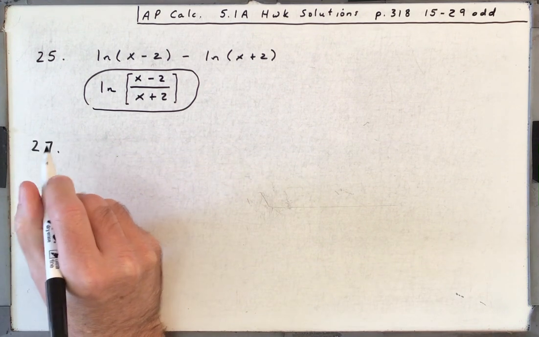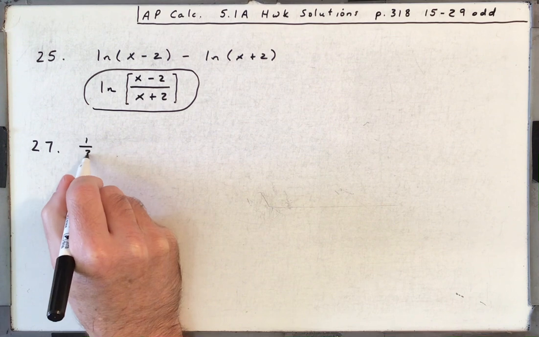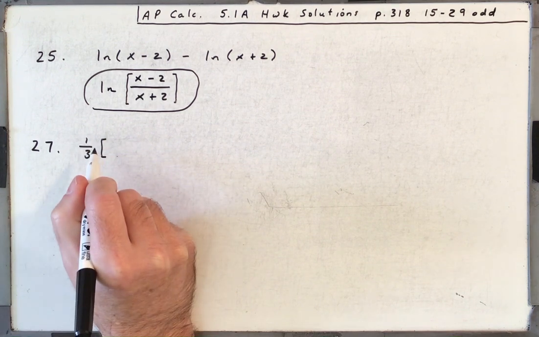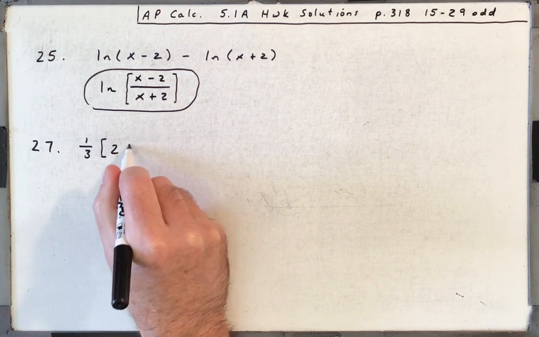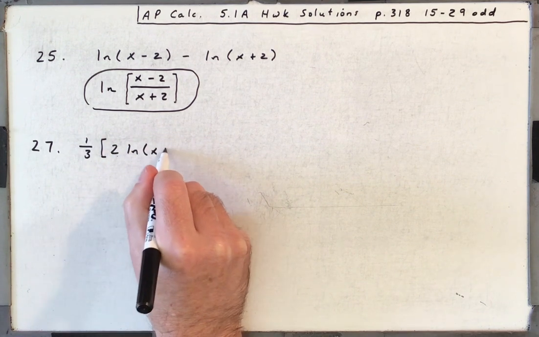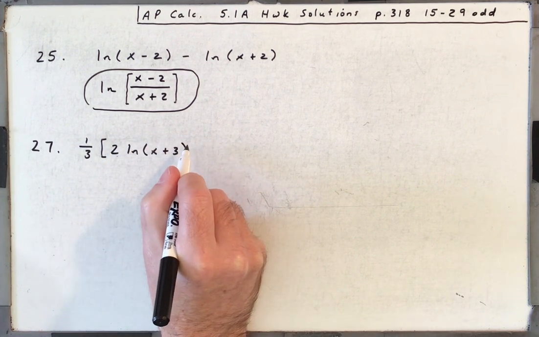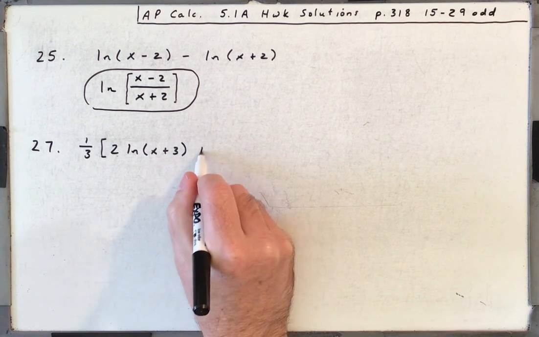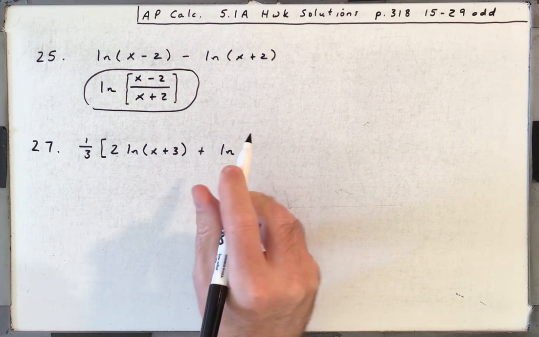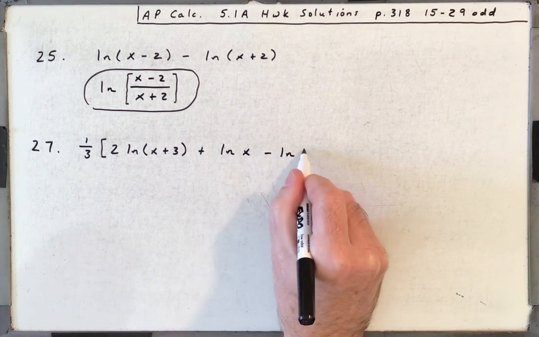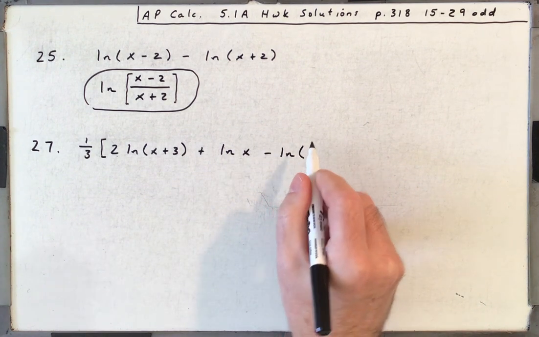All right, 27, we have 1/3 and 2 natural log x plus 3 plus natural log of x minus natural log of x squared minus 1.